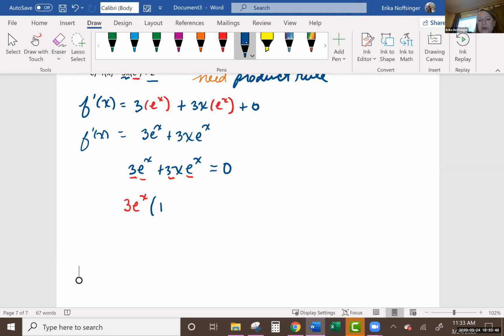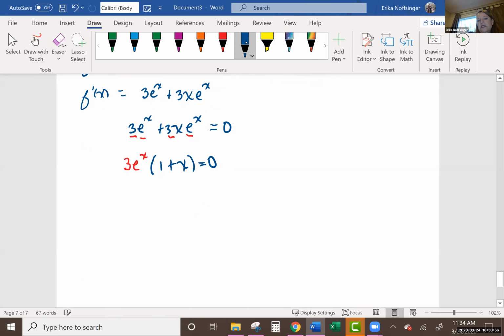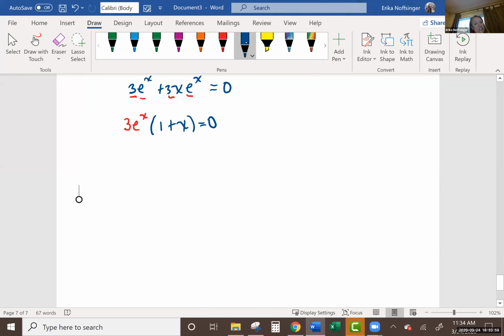And if I pull a 3e to the x out of the second term, I'm just left with an x. And set this equal to 0. Okay, so it's completely factored on the left. And so I'm looking at, when is 3e to the x equal to 0? And I'm looking at when 1 plus x equals 0.